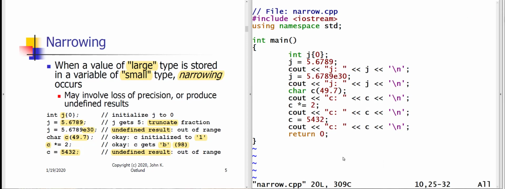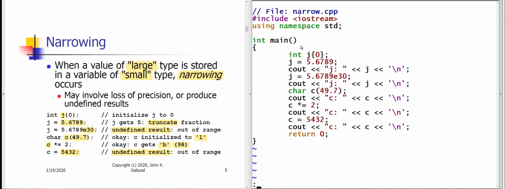Okay, so as a quick demonstration of the narrowing that's going on in these examples on slide 5, I've written a quick little program, narrow.cpp, in my Ubuntu terminal, which has the declaration and initialization of j and c, and then these assignments to j and c, with cout statements displaying what's going on with these things as j and c change.